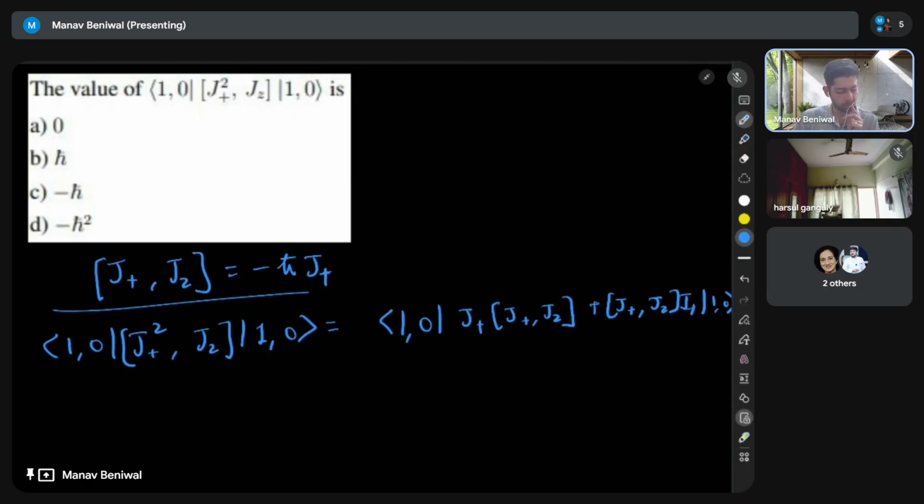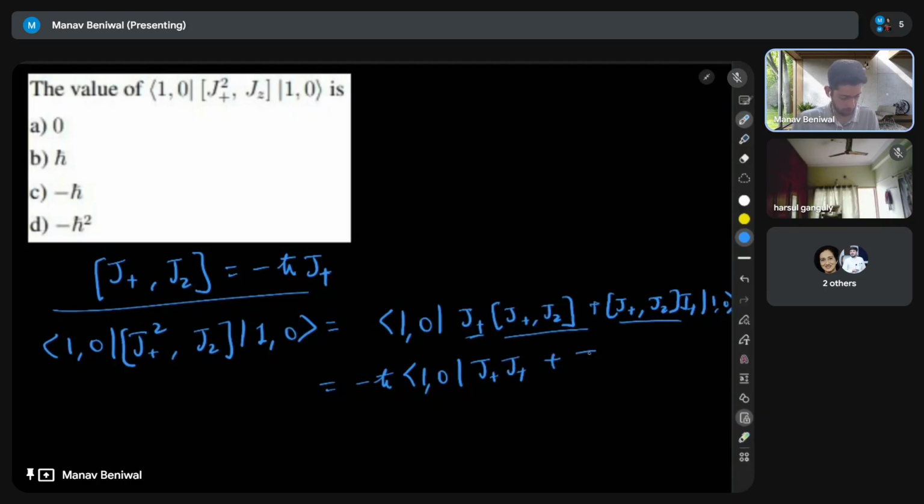In one term this j plus comes first outside the commutator, in the second one this j plus comes second. Now this commutator j plus comma jz we already know, so we substitute it, and we get minus h cut, 1 0, j plus j plus.